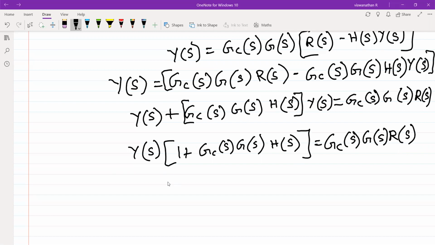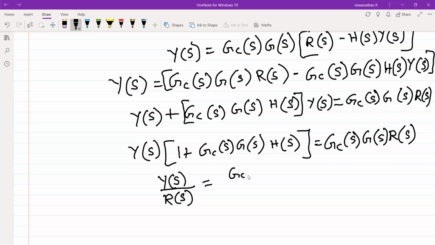Okay, so what do we need? We need Y(s) by R(s). So output by input, Y(s) is the output, R(s) is the input. So what do we get?